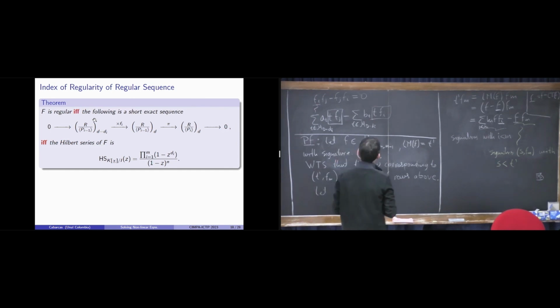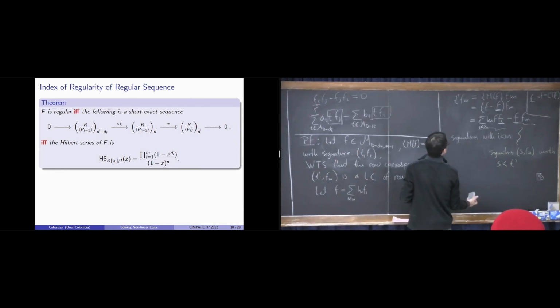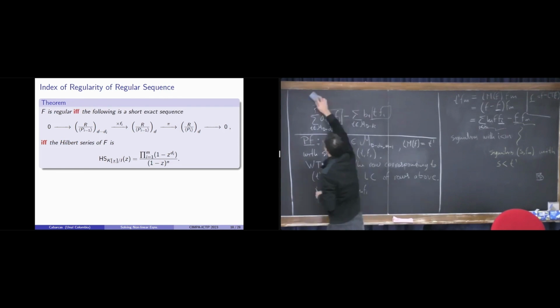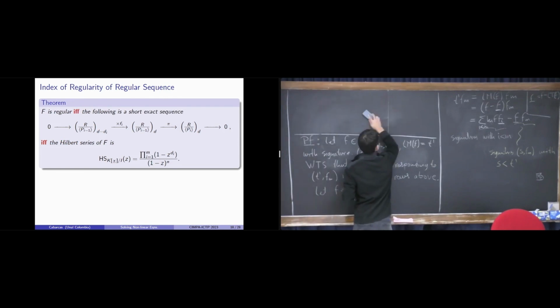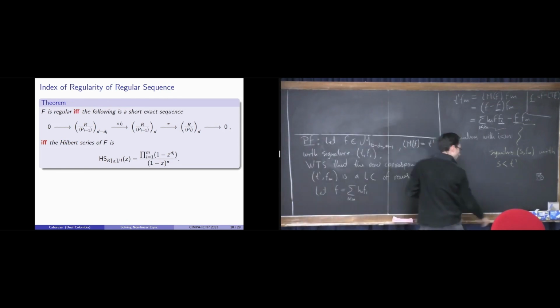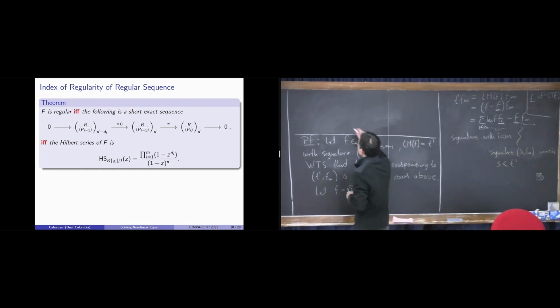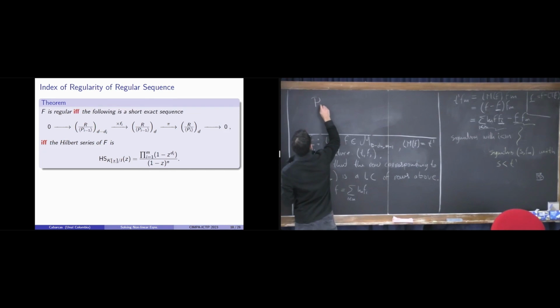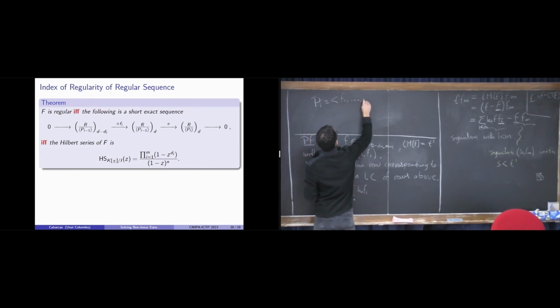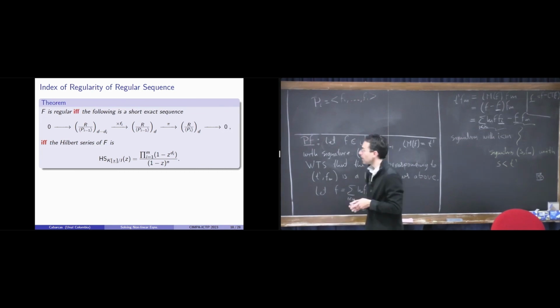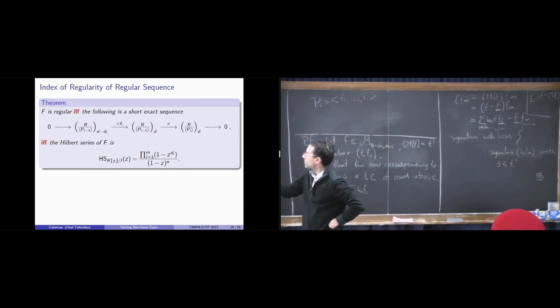So here, what I mean by Pi is the ideal generated by F1 up to Fi, and R is the polynomial ring.